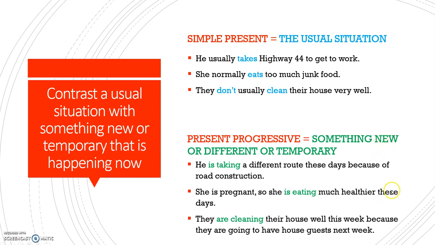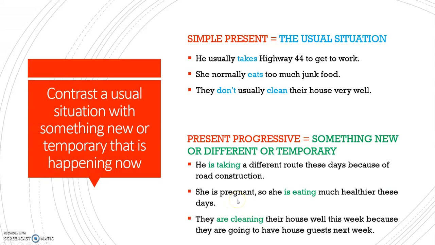On the bottom, you're going to see present progressive, talking about something new or different or temporary. And those verbs are in green with present progressive. These are the same people. Number one. "He's taking a different route these days because of road construction."